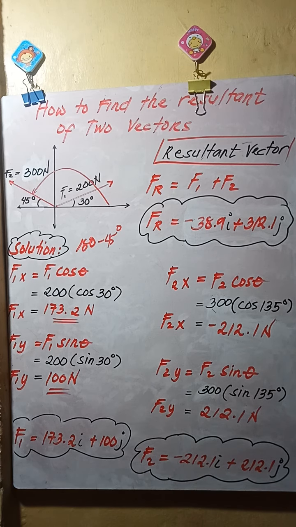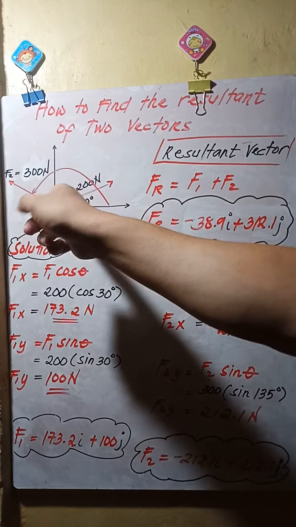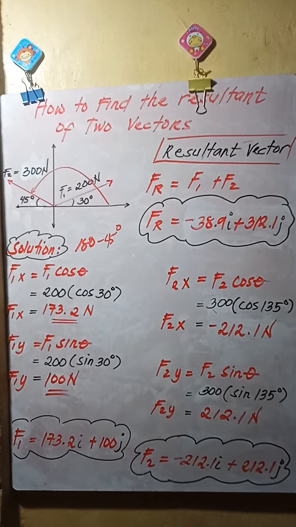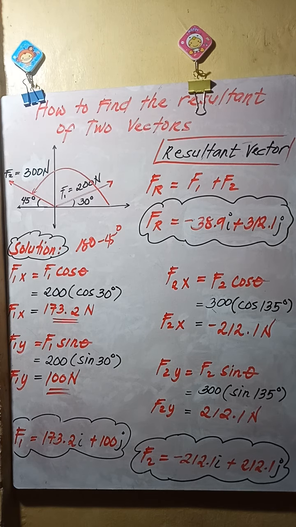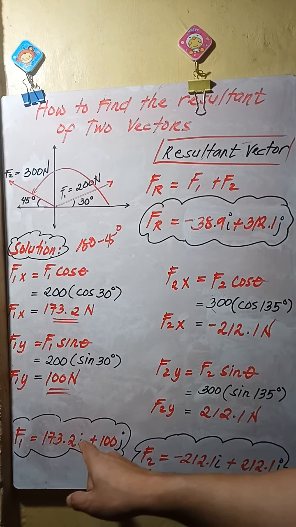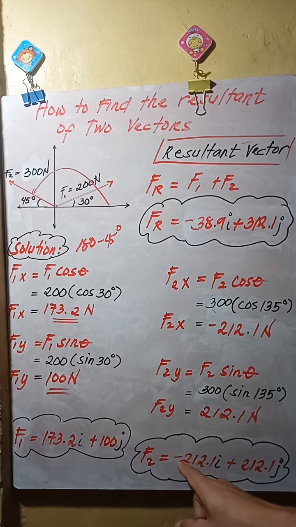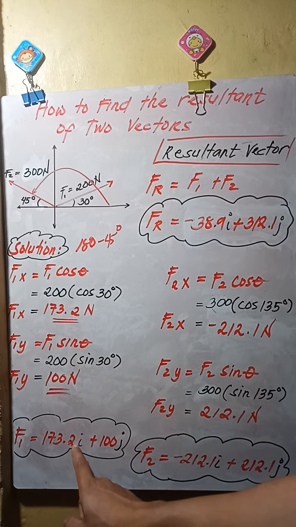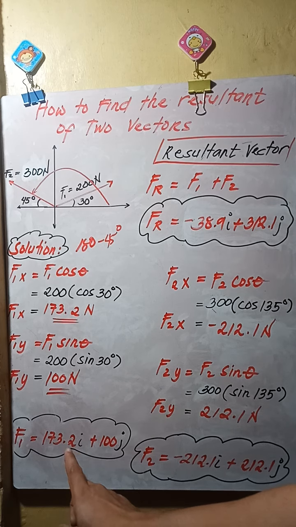Ngayon, para mahanap natin yung resultant vector ng dalawang function na yan, F1 and then F2, you just simply add F1 and then F2. I-add natin yung 173.2 plus negative 212.1i. Kasi nga itong i is i-add lang natin sa the same na i.